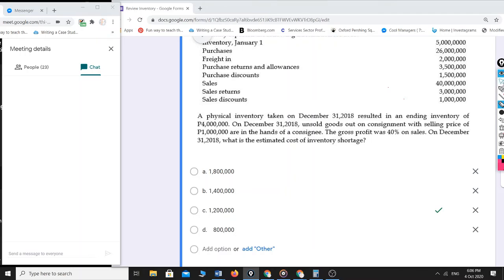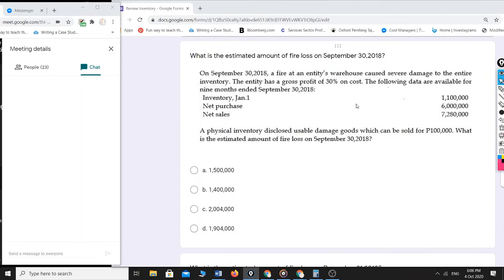So, when we get here, 30% based on cost. So, you do 1 minus 30%, 70%. Then, you don't multiply the 70% to the net sales, but instead, you divide. Okay?